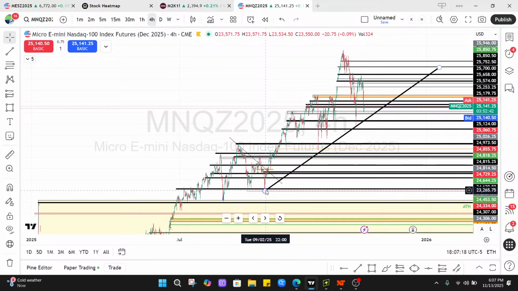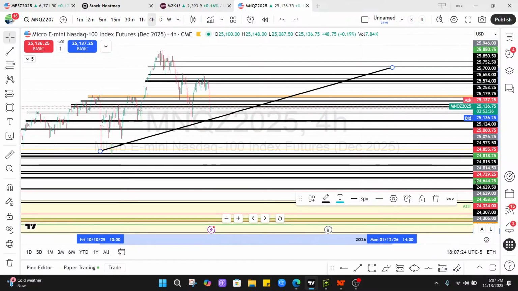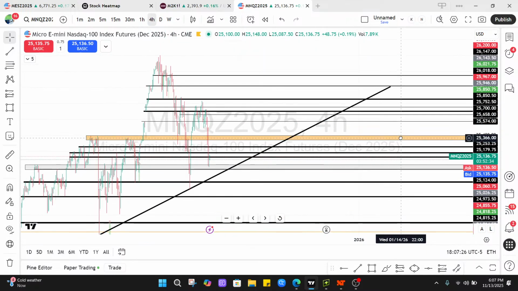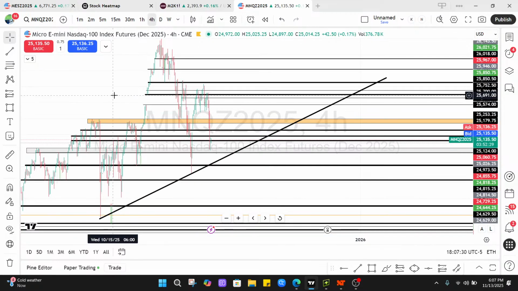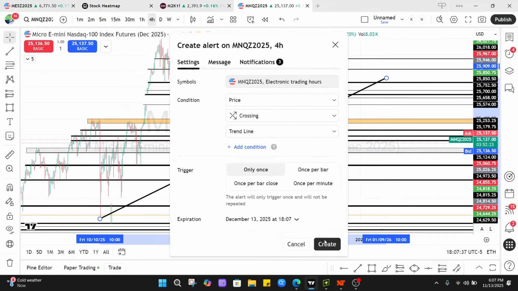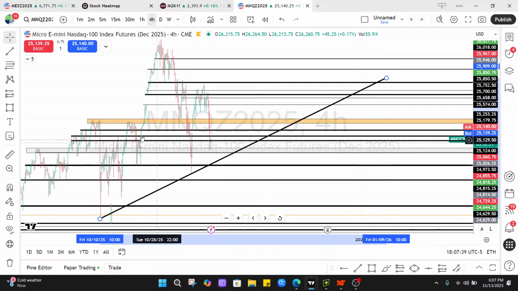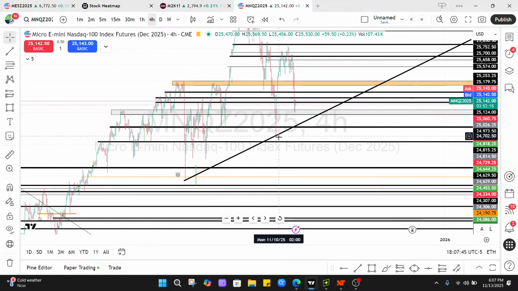So I'm actually going to move this straight to here, zoom in, still staying on the 4-hour, and refine it. Refine it right there. Okay. Now I just want to put a notification there, just in case. Not saying that this is significant, but I just potentially want to see what's going to happen if it comes to this area.